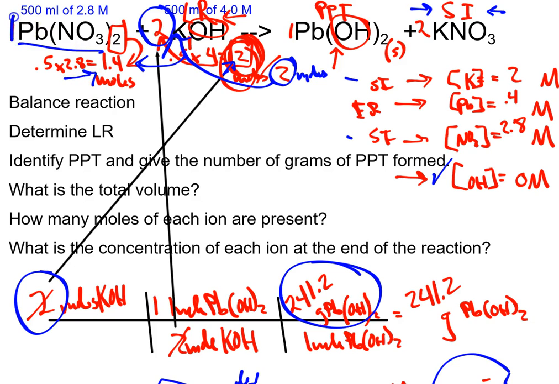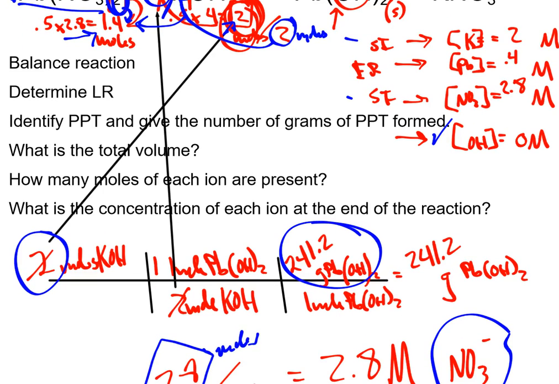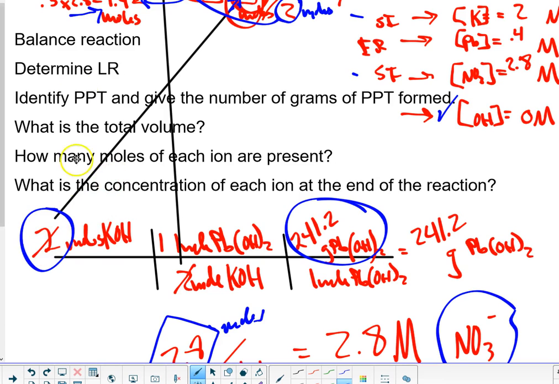But for every 1 PbNO3, there are 2 NO3s. So that is why the concentration is twice that value. There are 2 NO3s to every 1 PbNO3. That is why this number is 2.8.